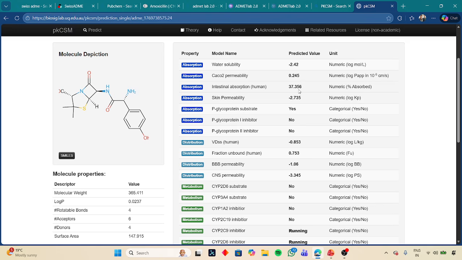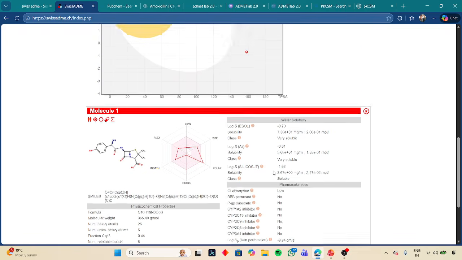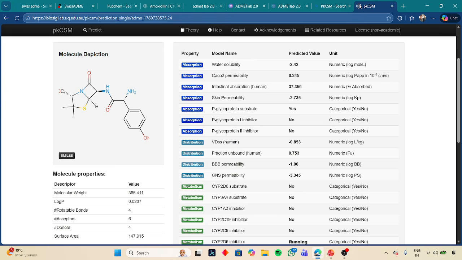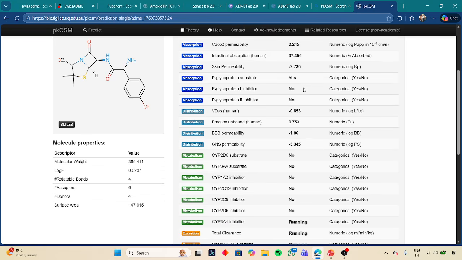That is 37.35. And we have seen that in the GI absorption in the SwissADME. In SwissADME, we have seen that the GI absorption is very low. You can see here, GI absorption is low. And here the same data is given in pkCSM. Then the skin permeability, it is having minus 2.37 skin permeability.